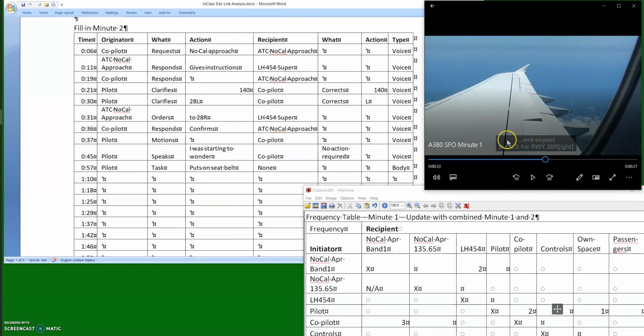All right, so the ILS is the landing beacon. At 19 seconds, the co-pilot responds, repeating back what ATC Northern California approach said to do.